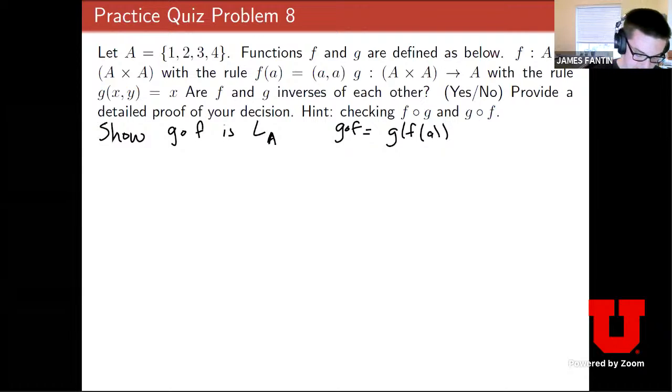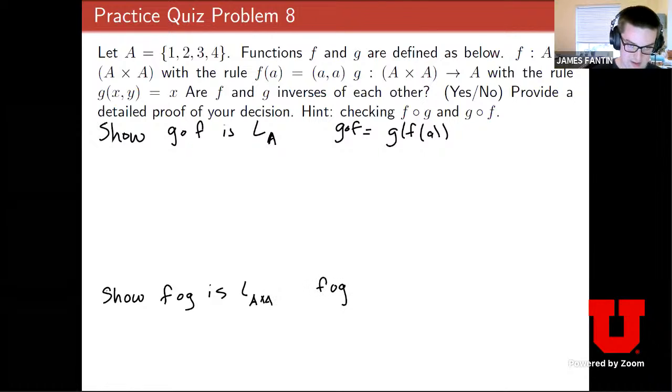And then we will also need to show that F composed G is the identity for A cross A. And recall that F composed G of (a, b) is just F of G of (a, b).